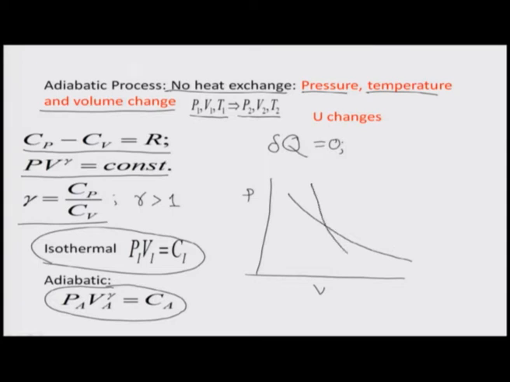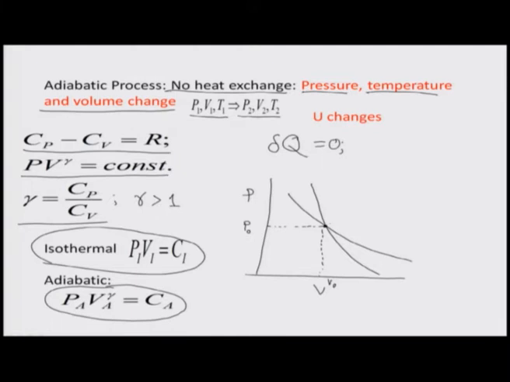These two curves intersect at some point, which I am denoting by V0 and P0. I am asking the question, by looking at these two curves, can you tell me which one is isothermal and which one is adiabatic?